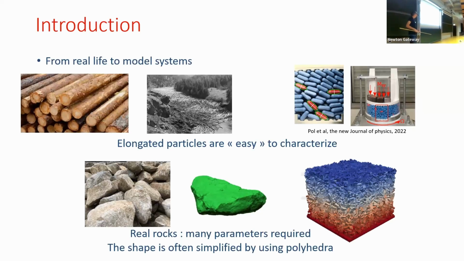If you want to go deeper and deeper, if you want to study real logs, of course it is much more complicated because the shape is extremely complex and you need a lot of parametric methods to model it. So often the shape is simplified by using polyhedra instead of real logs.